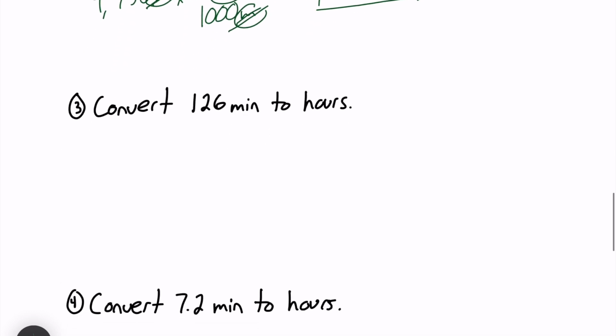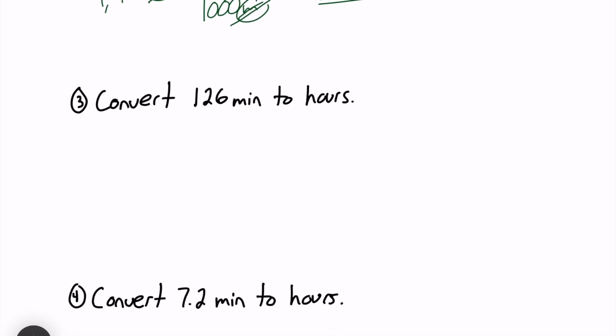Okay. All right, next up we have to convert 126 minutes to hours. So we're given 126 minutes, time sign line, and what we want is hours. So we must put hours on top. So we have 1 hour on top. And what is equal to 1 hour? You guessed it, 60 minutes.